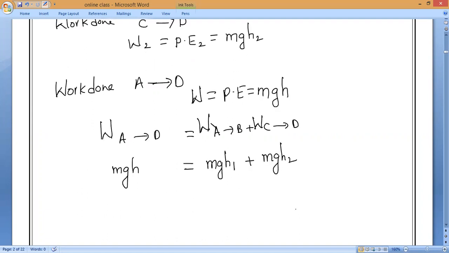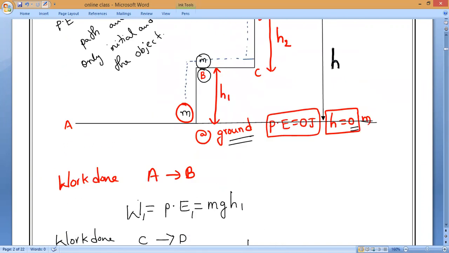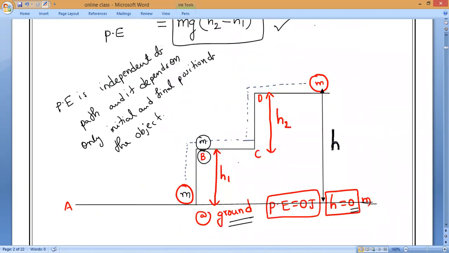So what is common in this? MG is the common. So taking H1 plus H2, which is equal to MGH. From this, can I say H1 plus H2 is equal to what? Everybody. H, sir.